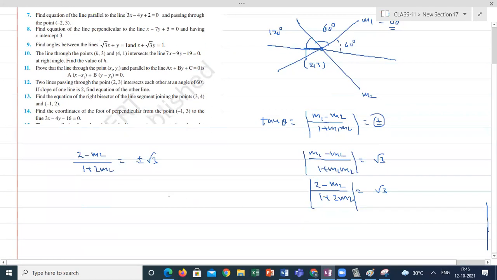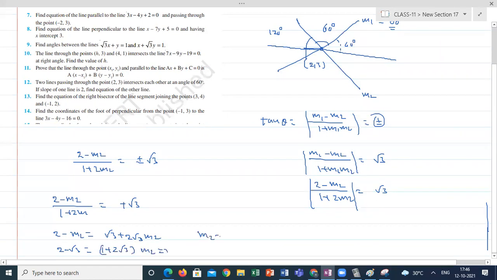Two equations, right? 2 minus M2 by 1 plus 2 M2 is equal to plus root 3, I am taking. This will be 2 minus M2 is equal to root 3 plus 2 root 3 M2. So 2 minus root 3 divided by 1 plus 2 root 3 into M2.